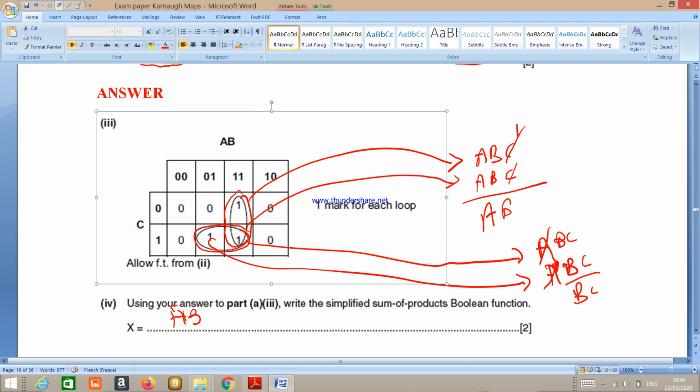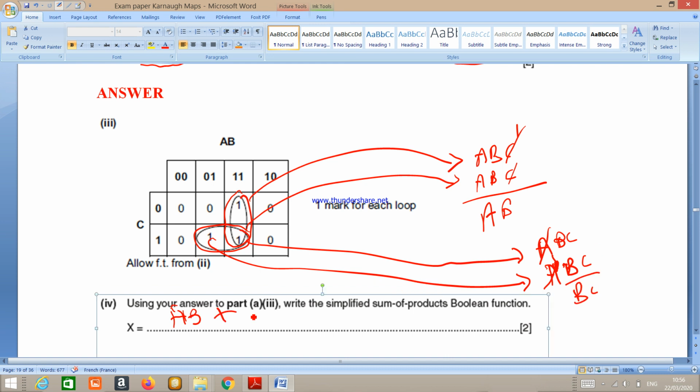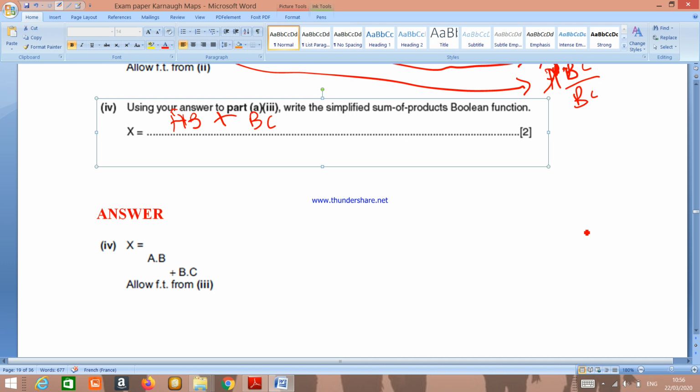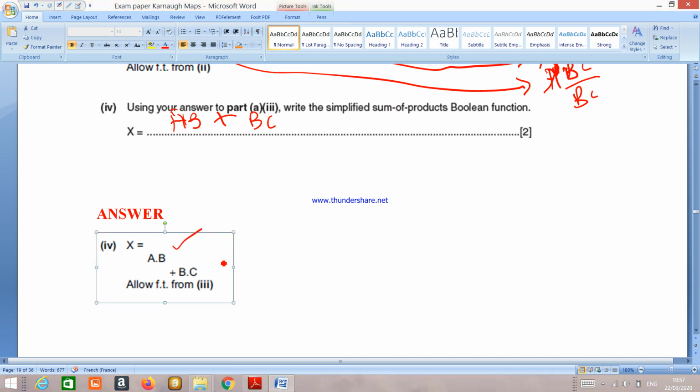B and C. So we put a plus B and C. Next, let's cross-check the answer. Okay, we are done. This is AB, this is BC. So we are done with this.